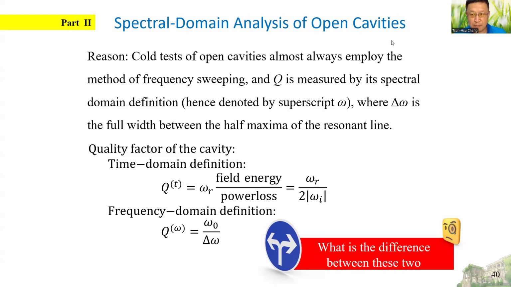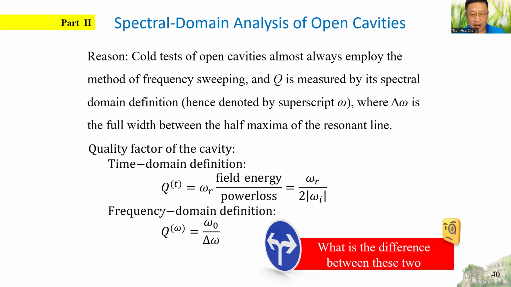The Q value is measured by its spectral domain definition, hence denoted by a subscript omega, where delta omega is the full width between the half maxima of the resonance line.